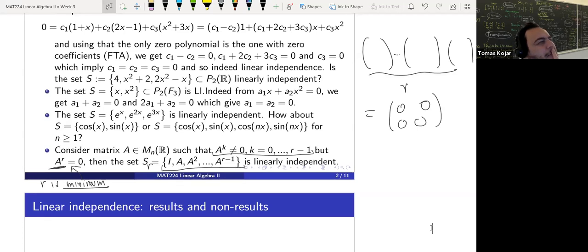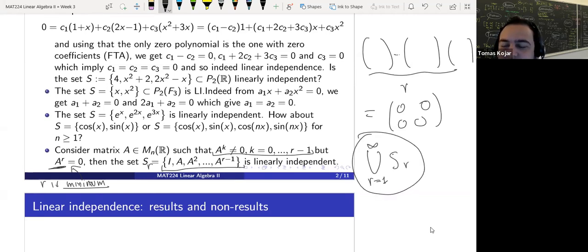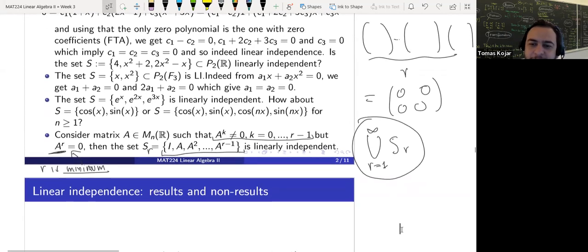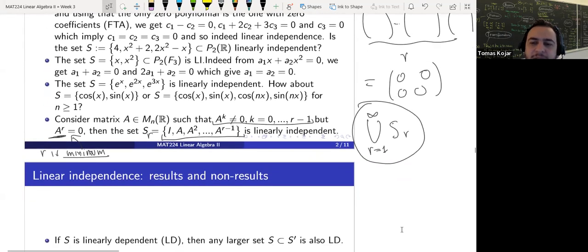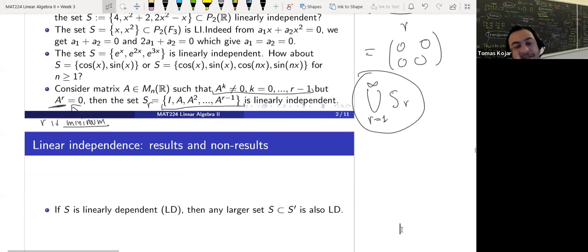Or maybe I'm wrong. We can talk about this after, but I think your set will be R from 1 to infinity, and then maybe this one is linearly independent. That's pretty cool. I haven't thought about this. Yeah, you have to do double induction. Okay, that's nice.